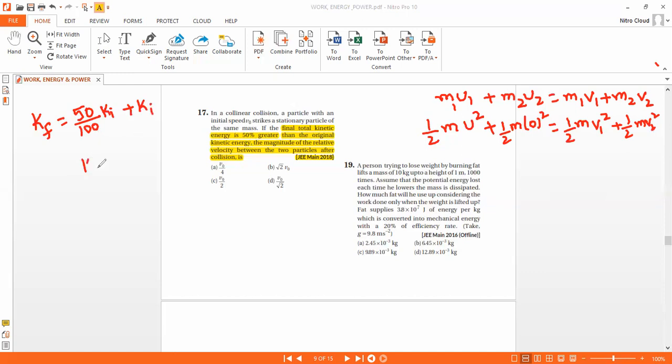So final kinetic energy I can write as 150 by 100 into Ki, that is 3 by 2. So initial kinetic energy I will write as half m u1 square plus half m u2 square.